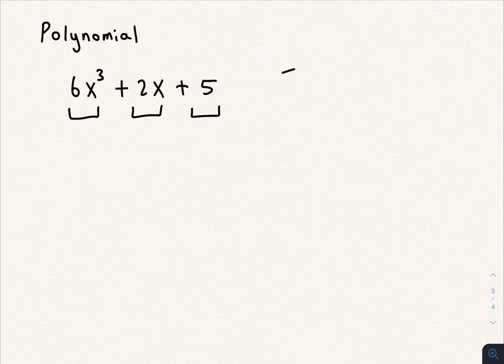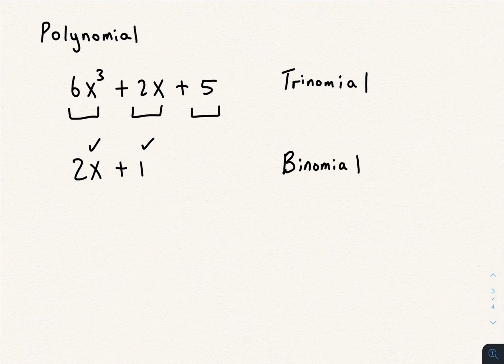We call this a trinomial. When you have 2 terms, 2x plus 1, we call this a binomial. When we just have 1 term, we call this a monomial. Anything above 3 terms we just refer to as a polynomial.